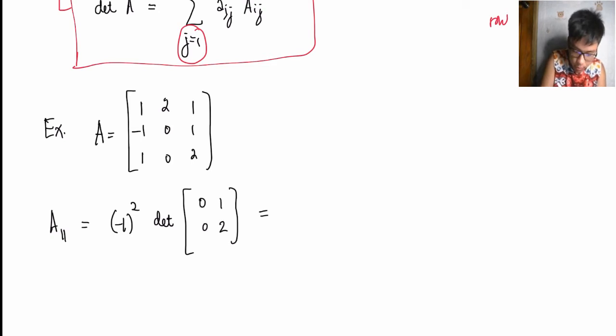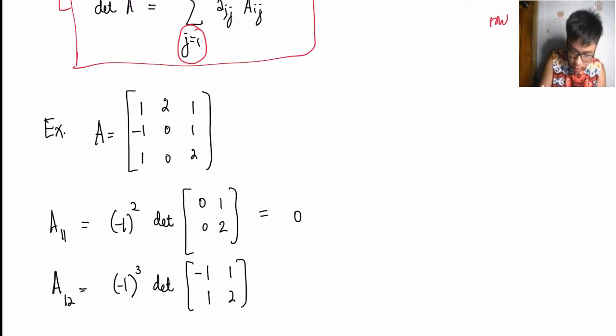Basically this is 0. Next is A12, so that's (-1) to the 3, times the determinant of -1 1 1 2. You remove row 1 and column 2. So this is negative 1 times negative 2 minus 1, that's 3.